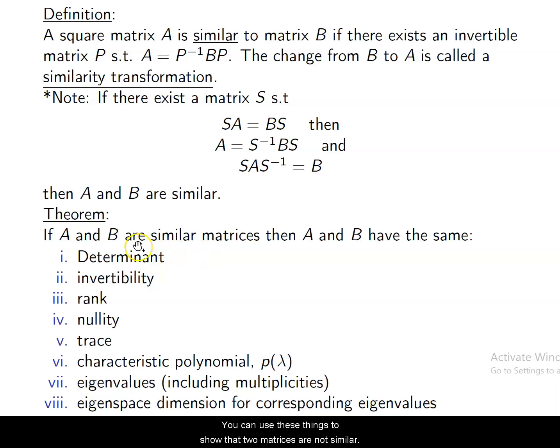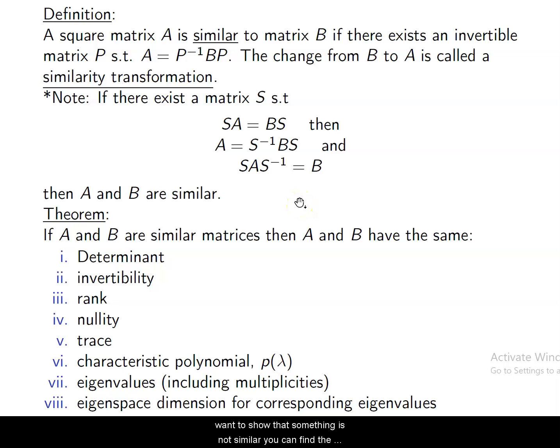Now, you can use these things to show that two matrices are not similar. You cannot use these things to show that they are similar. If you want to prove that something is similar, you want to use this: find a matrix S that satisfies one of these equations, and then you're fine.